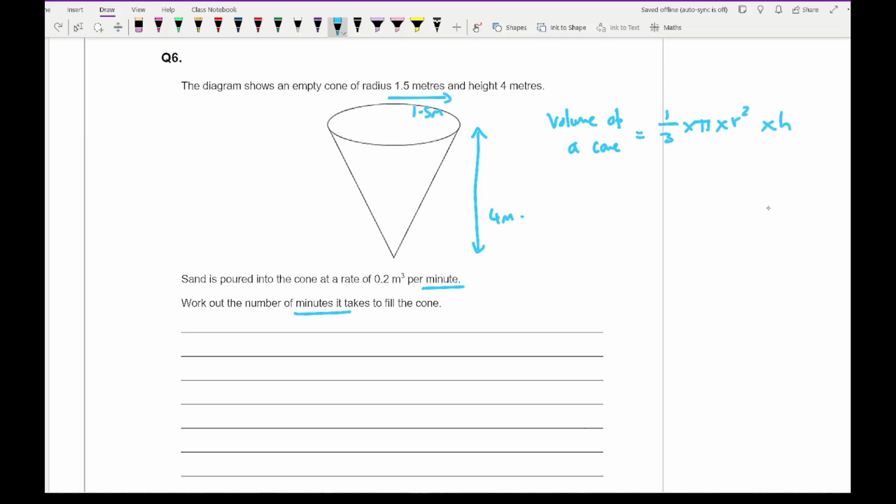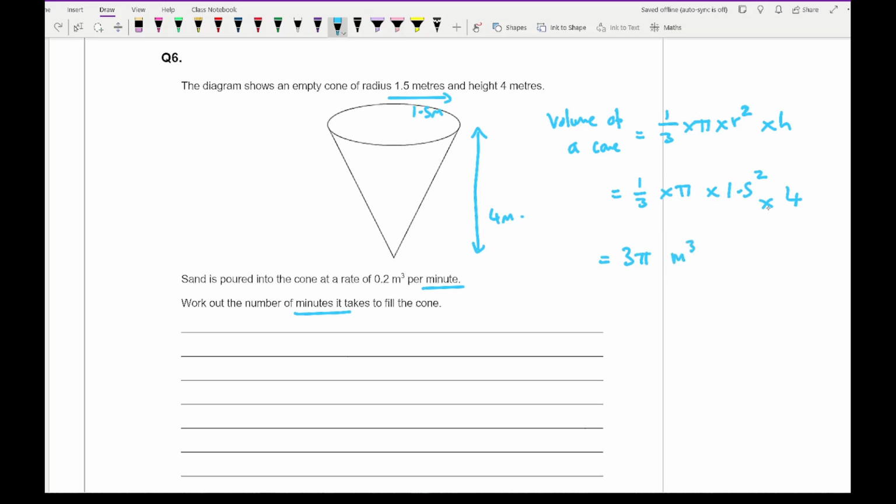So substituting those numbers in, I get 1/3 times pi times the radius, which is 1.5 squared, and times h, which is 4. And let me just make sure that does look right. Yeah, it is. So working it all out, I get 3 pi, and that's in meter cubed.